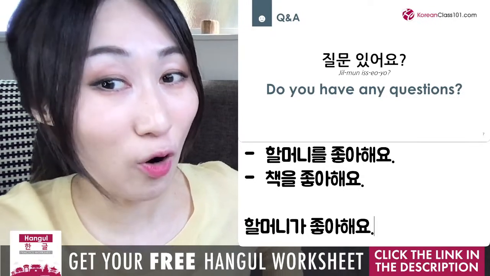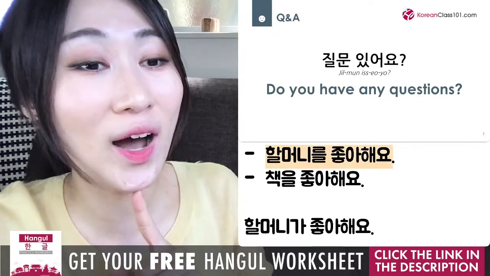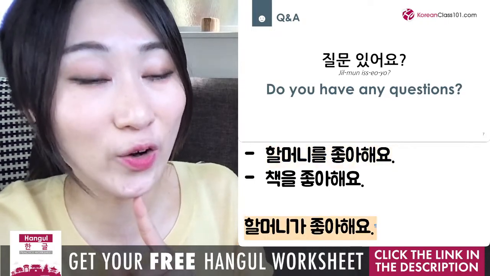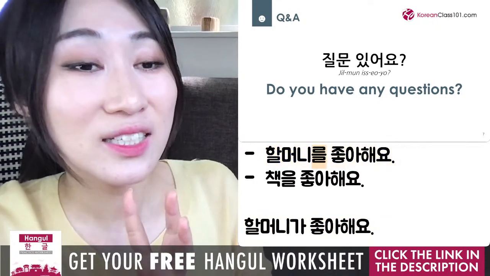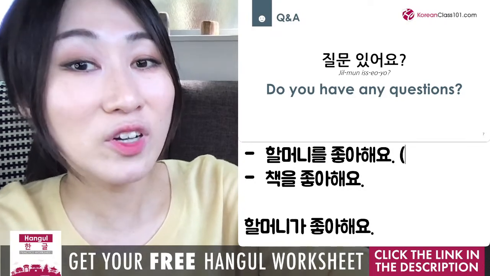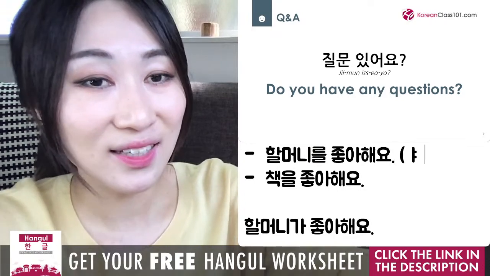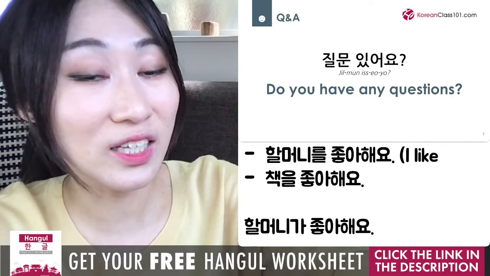Actually, this is wrong, or it means something completely different from 할머니를 좋아해요. 할머니를 is the object marking particle, so 할머니 is the object of the sentence. I like my grandmother.